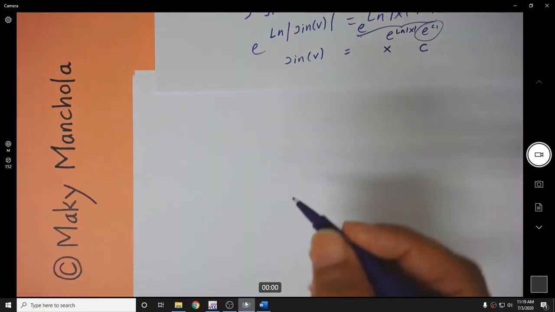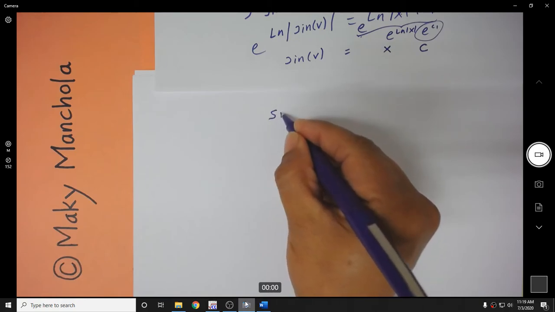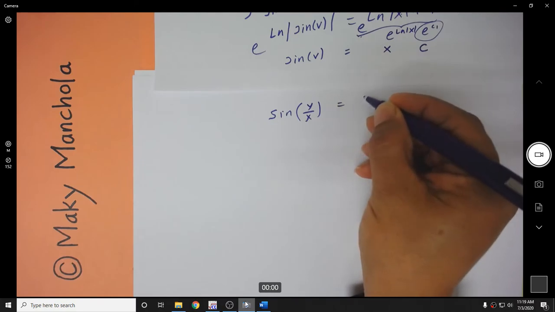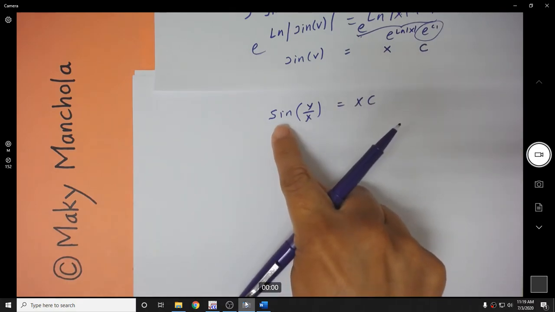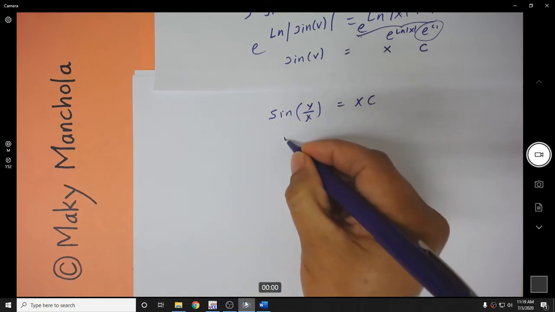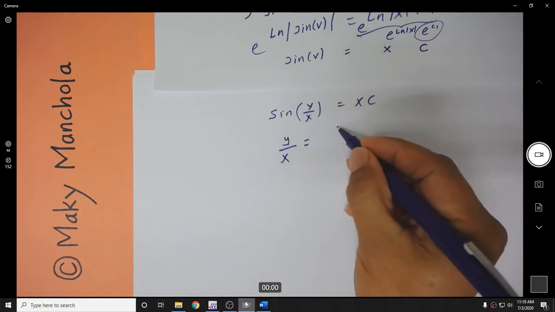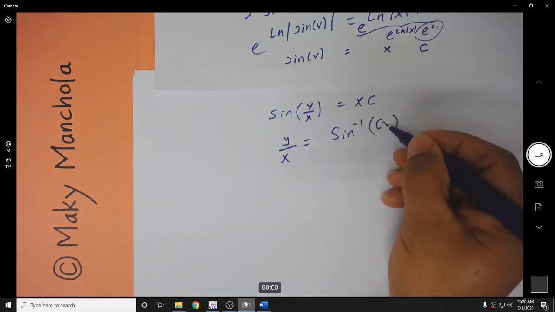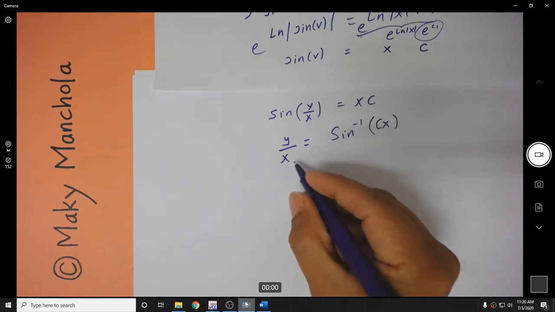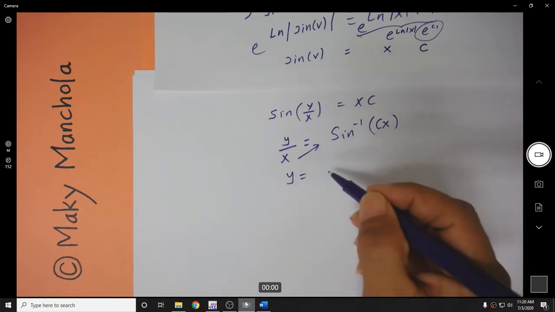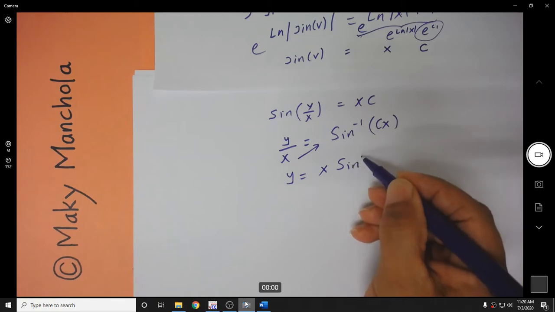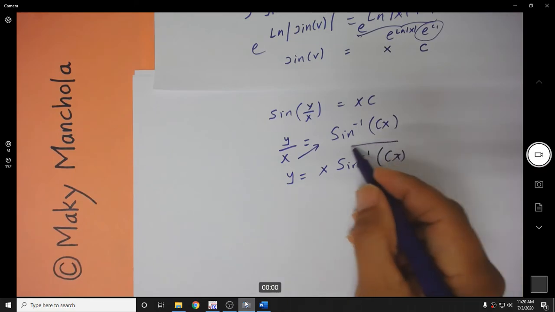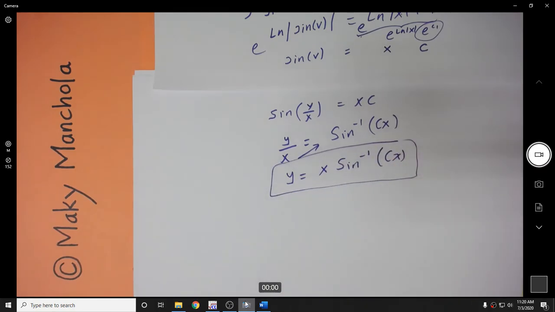You want to solve for y, so here I could take an inverse sine on both sides, so I get y over x equals the inverse sine of c times x. Cross multiply the x, so you end up with y equals x times inverse sine of c times x. Okay, so that's our first example.